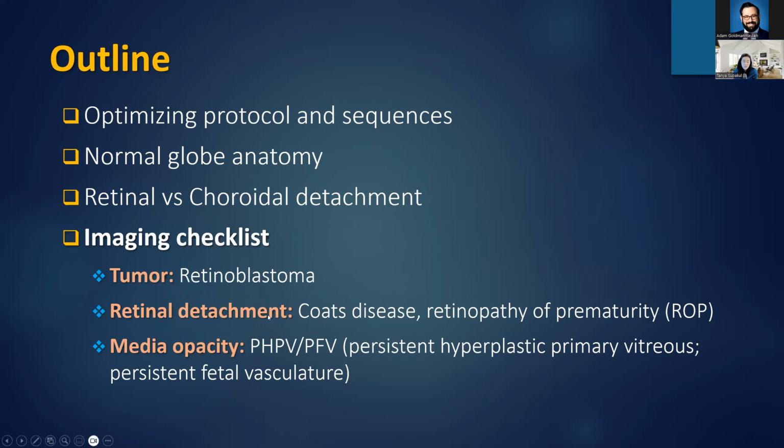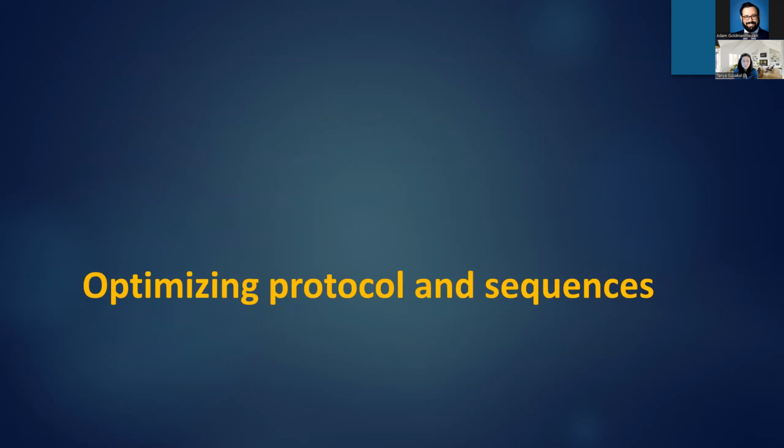For the tumor, we have the diagnosis of retinoblastoma; the patient that has a retinal detachment that can cause leukocoria, including Coats disease, retinopathy of prematurity; and also some media opacification like PHPV, or persistent hyperplastic primary vitreous. And right now we just call it PFV, persistent fetal vasculature.